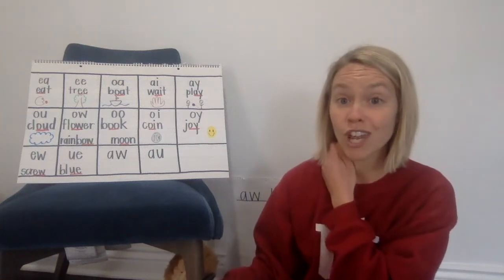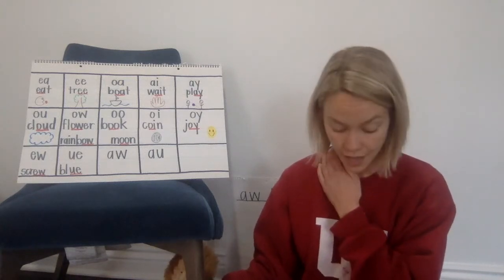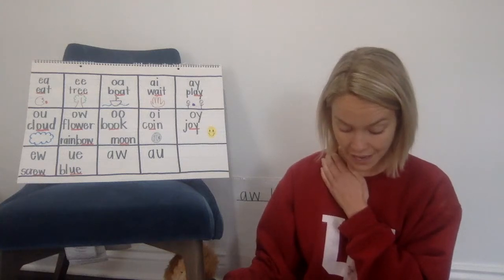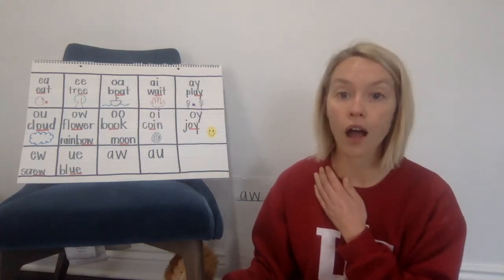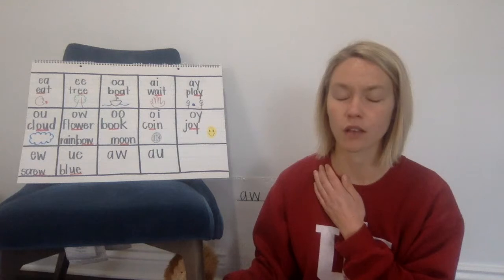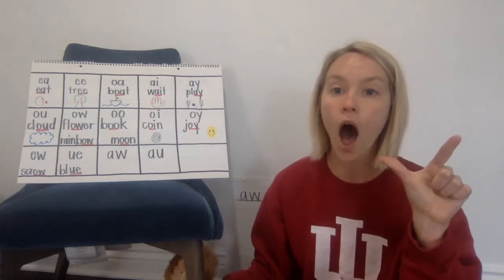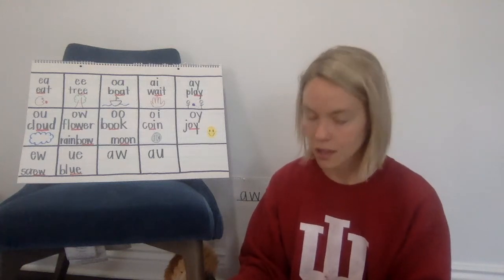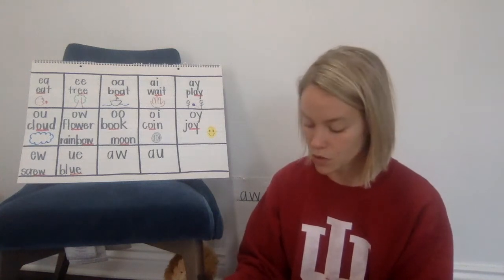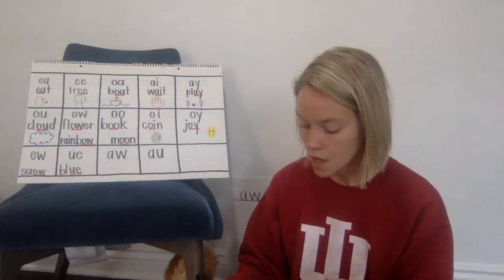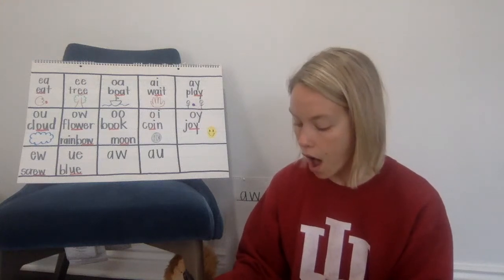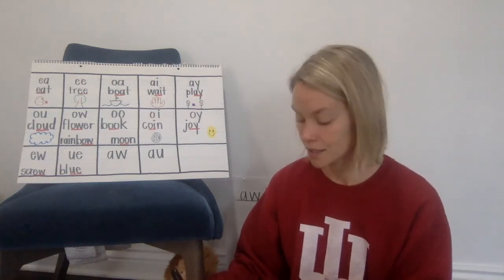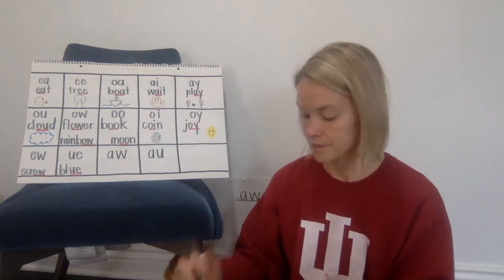All right, let's do one more. Can you change the word claw to make it into the word hawk? Ooh, that's a tricky one. I'll say that slowly. Hawk. See if you can write the word hawk with that AW. We're still using AW. Hawk.